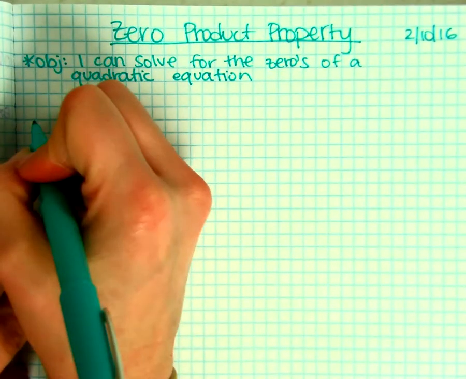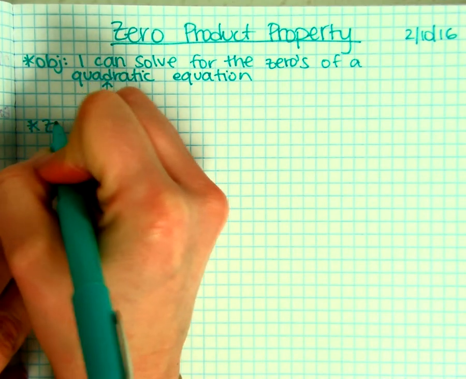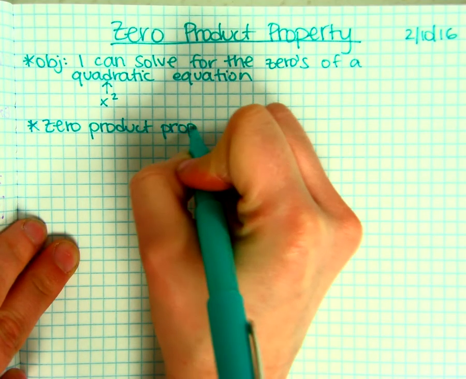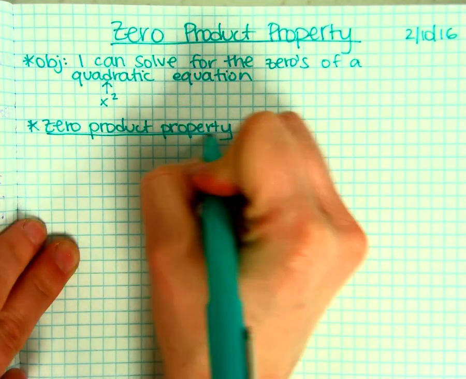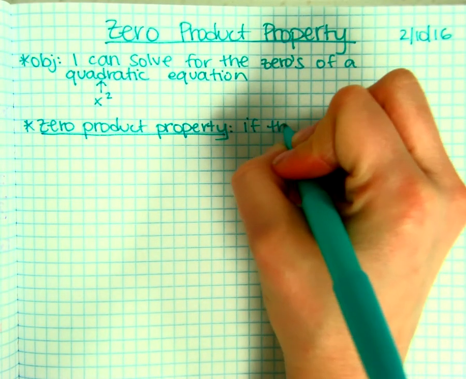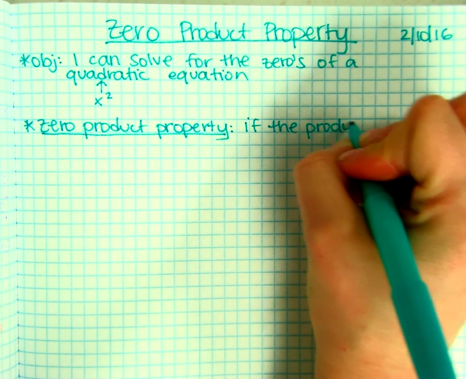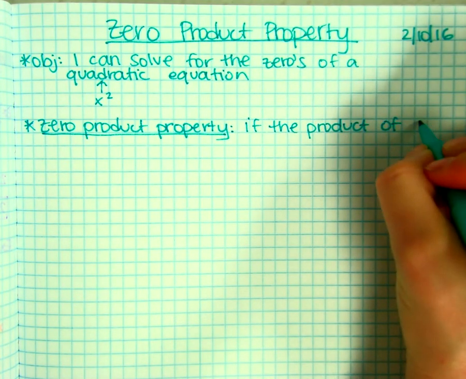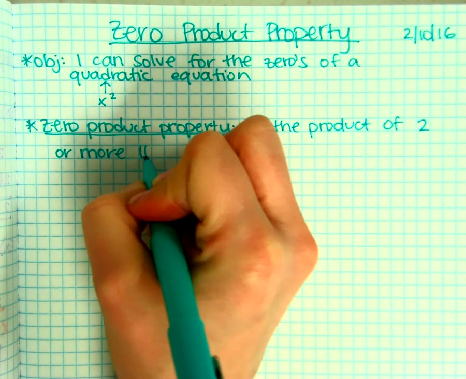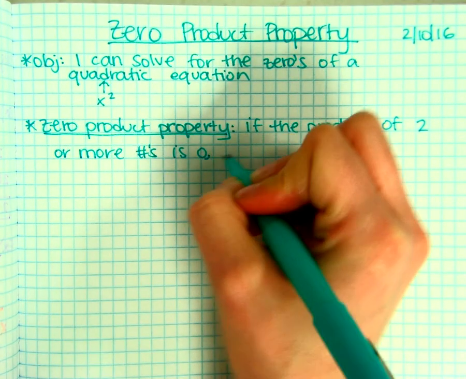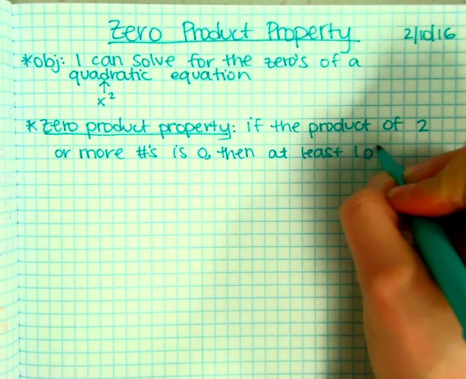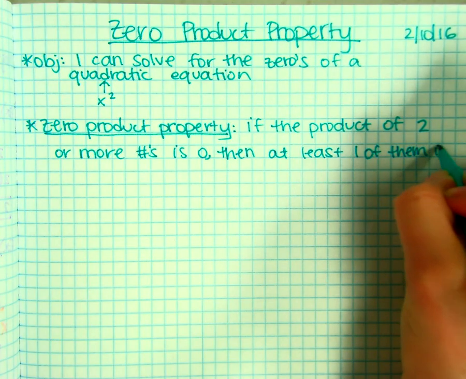So our zero product property states that if the product of two or more numbers is 0, then at least one of them is 0, right?